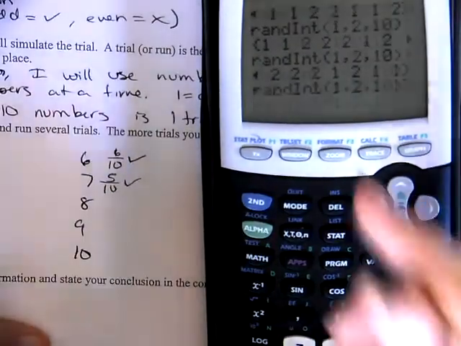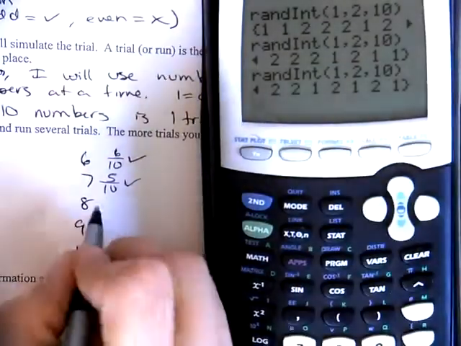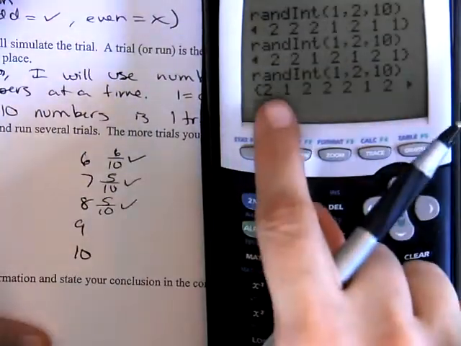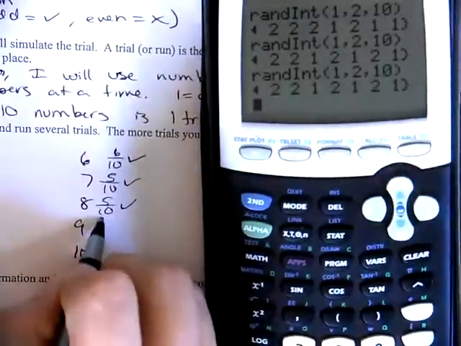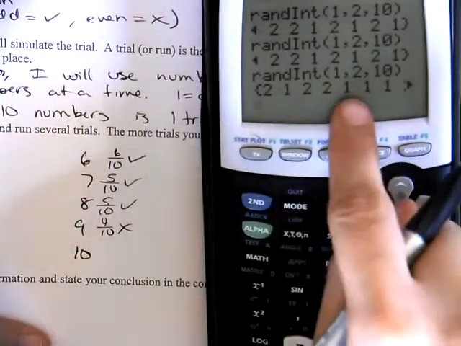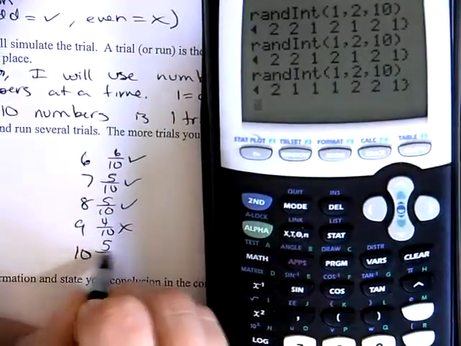We're good. 1, 2, 3, 4, 5. 5 out of 10. We're good. 1, 2, 3, 4 out of 10. We're not good. 1, 2, 3, 4, 5. 5 out of 10. We're good.